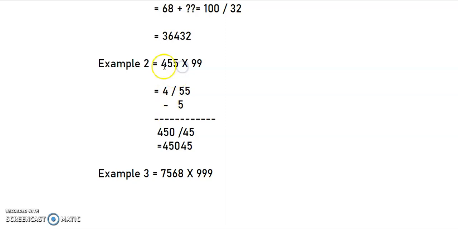First digit plus 1: 4 plus 1 is 5. 455 minus 5 gives 450. Then the complement of the last two digits, 55, is 45. So the answer is 45045.